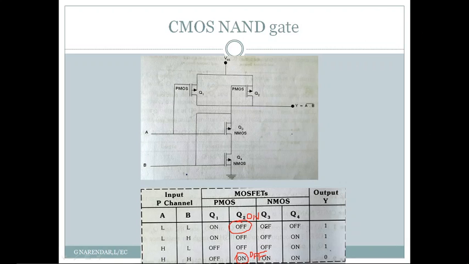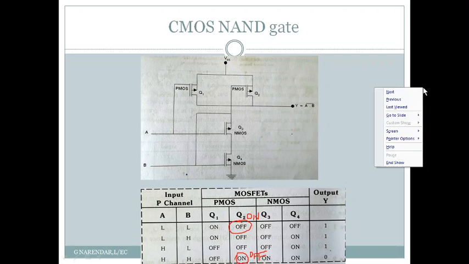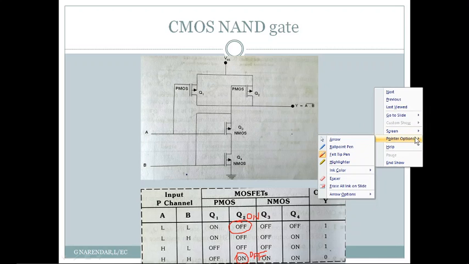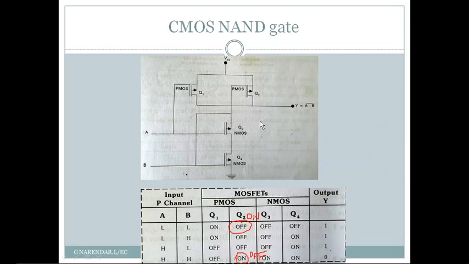And since we are using both PMOS and NMOS FET transistors, this circuit is called the CMOS NAND gate, complementary metal oxide semiconductor NAND gate.